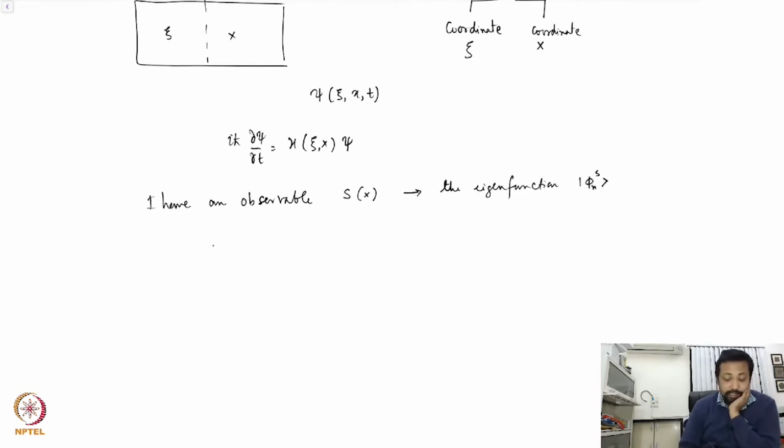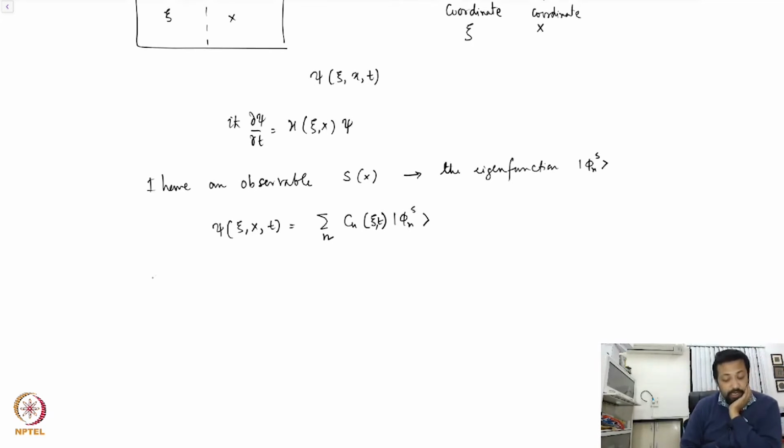In which case I can write down Ψ(ψ, x, t) is equal to C_n(ψ, t) φ_n(s) with a sum over n.